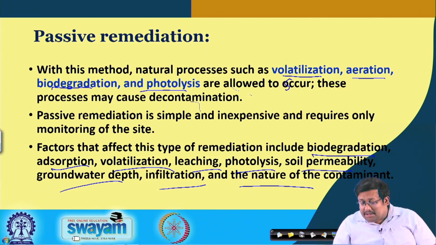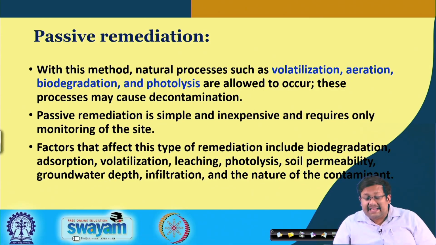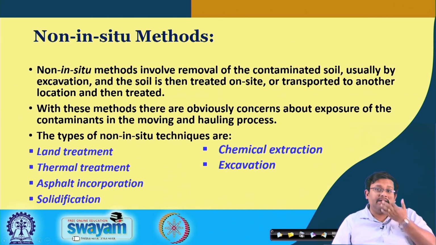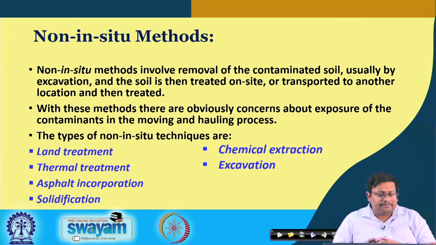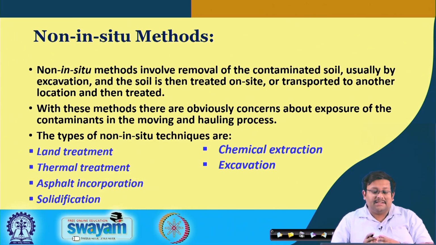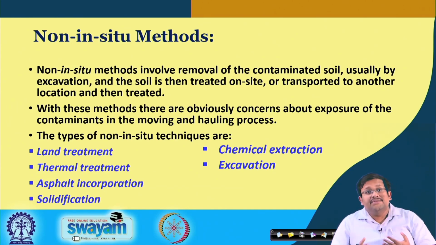So, let us move ahead and see what the different types of non in situ methods are. Sometimes we call them ex situ methods also. Non in situ methods involve removal of the contaminated soils, usually by excavation, and then the soil is treated on site or transported to another location and then treated.